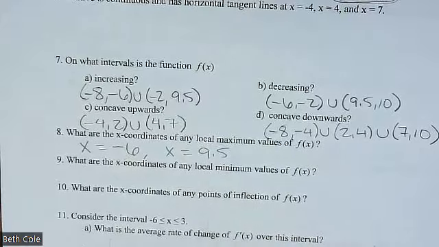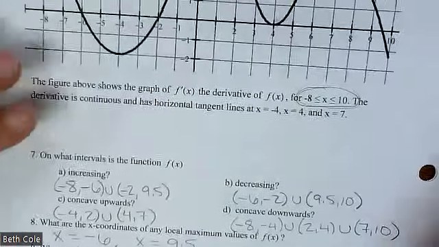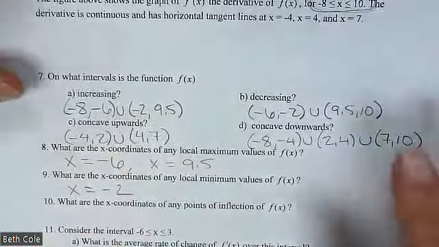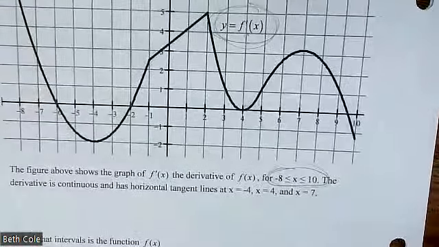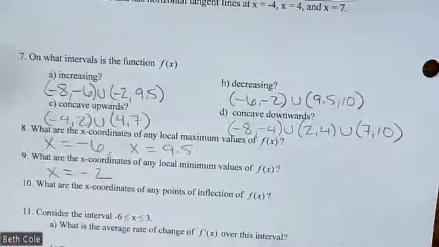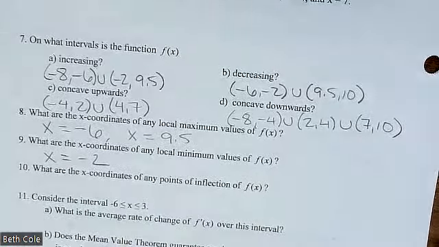Local or relative minimum would be where the first derivative changes from what to what? Okay, so that's below to above, -2. Extension question. Where is there a critical point, but you don't end up with a relative max or min? Perfect, good, 4.